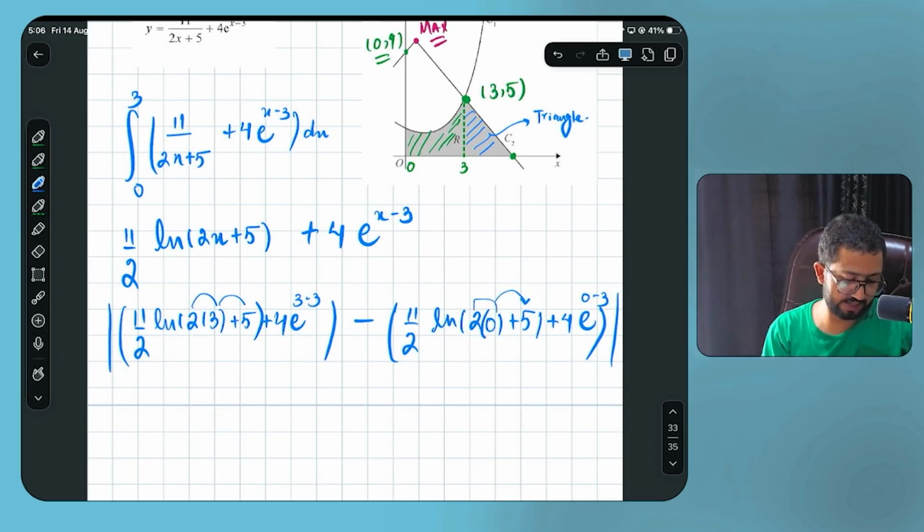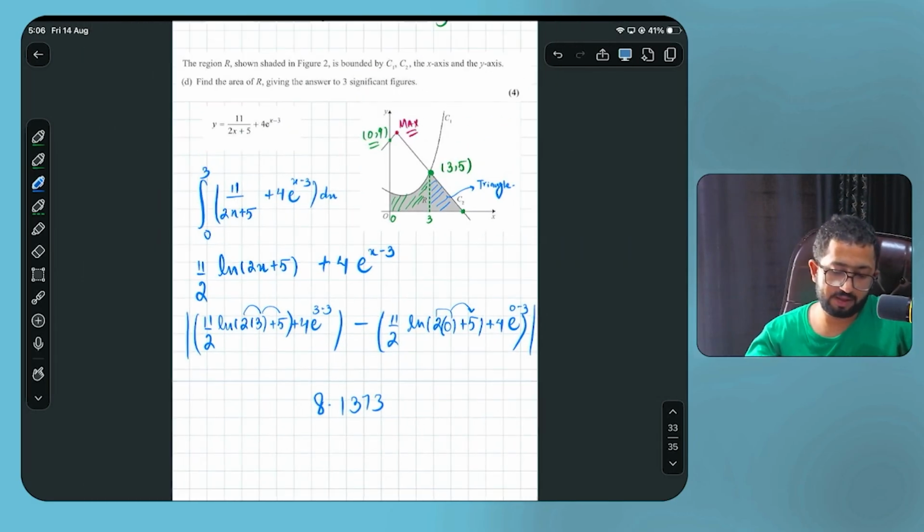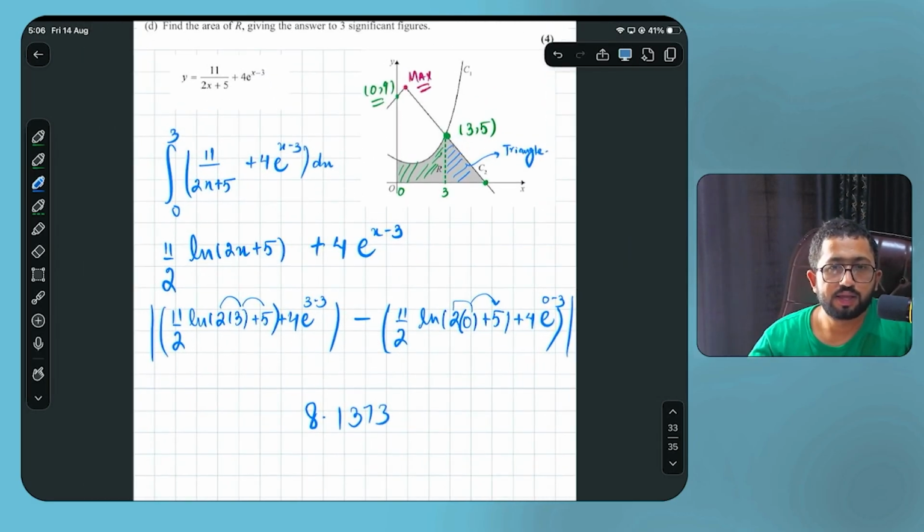Yeah, exactly. That will become ln of 5. Then 4e raised to power negative 3. Make sure you put brackets. You will get the answer, which is 8.1373. So that is the area under the curve from 0 to 3.